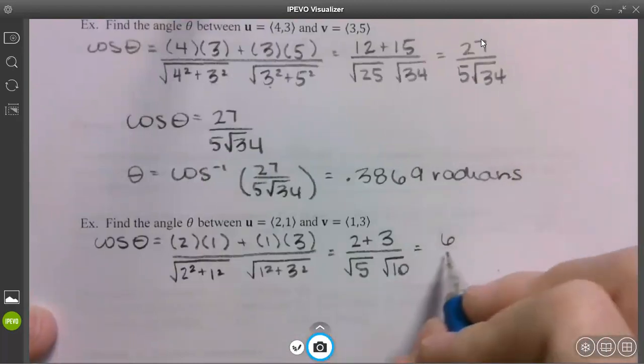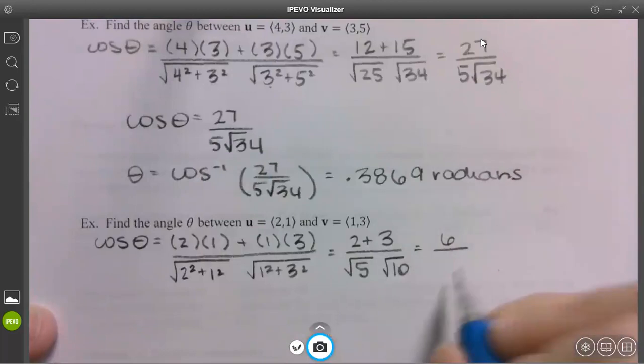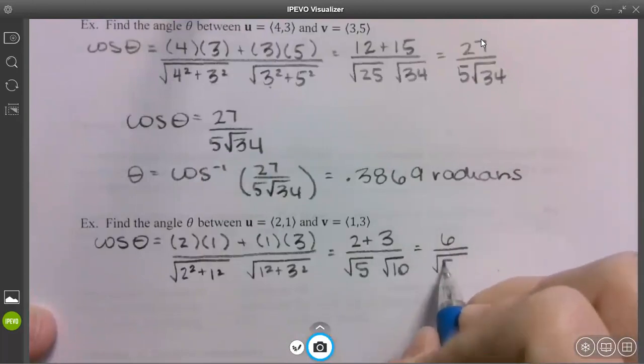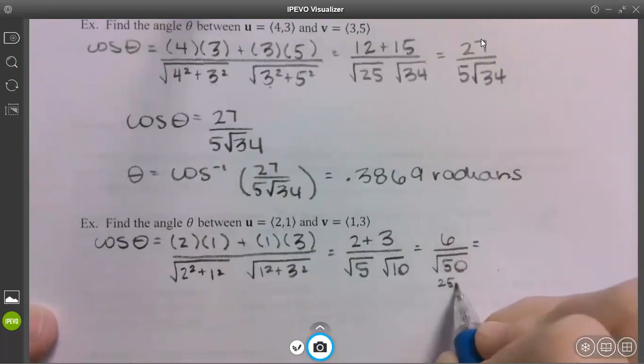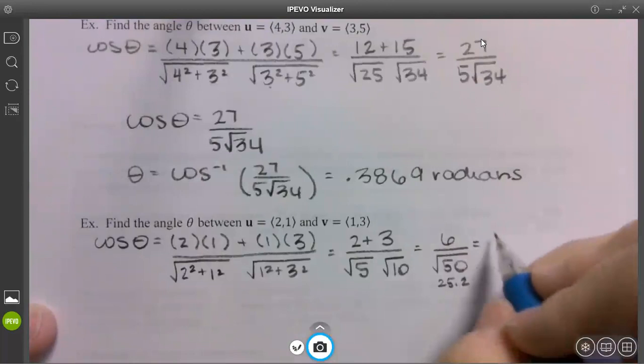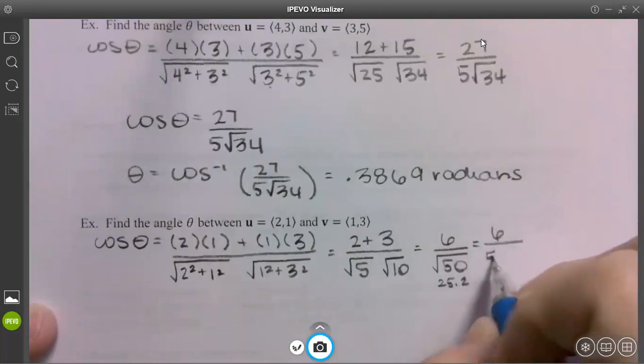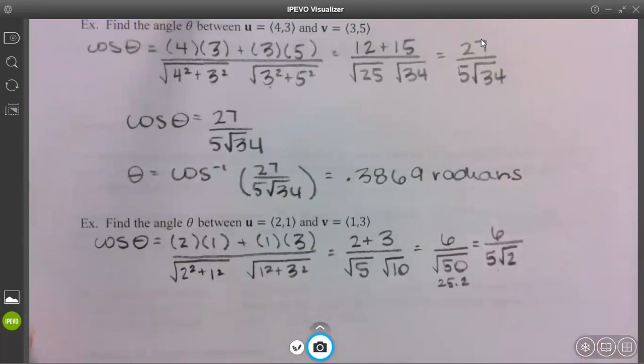Neither one of these will simplify, so we just multiply them together. However, your 50 will simplify. 50 is 25 and 2. The square root of 25 is 5. You would leave a 2.